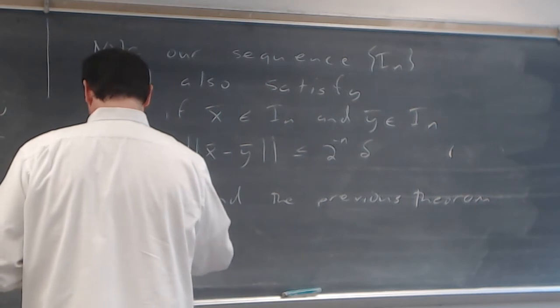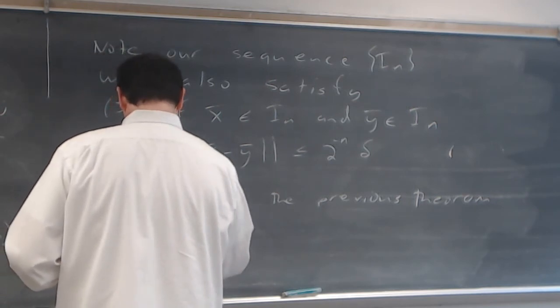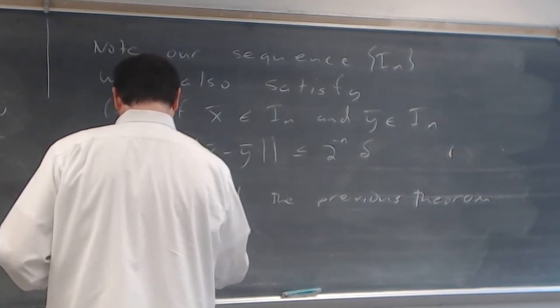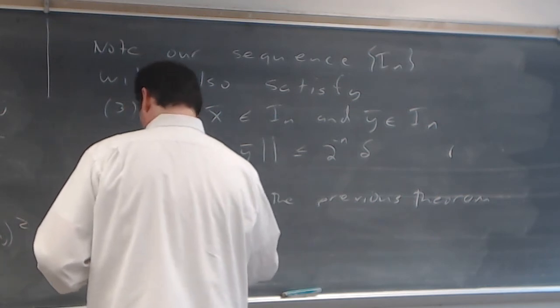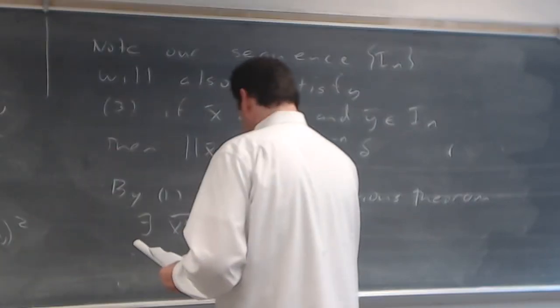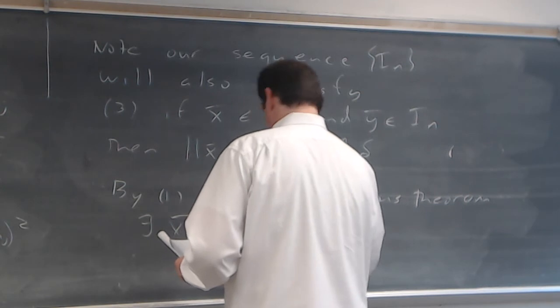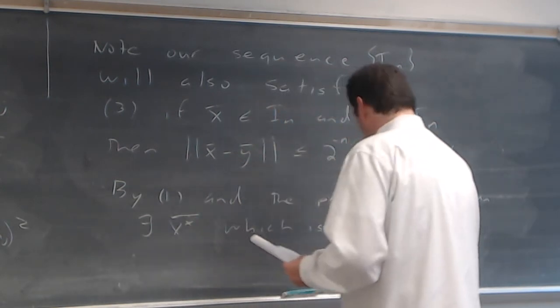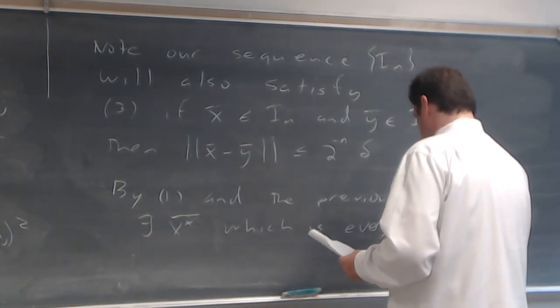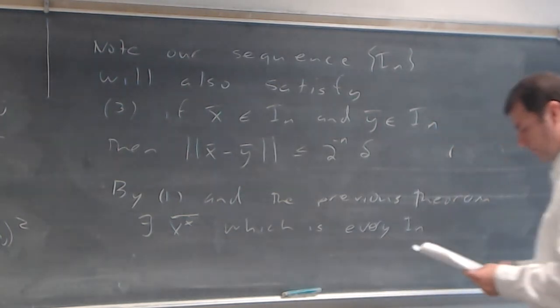So there exists an x sub star bar which is in every I sub n.